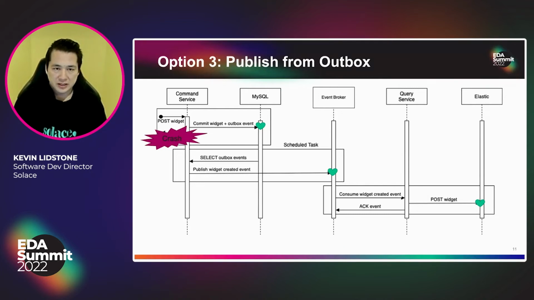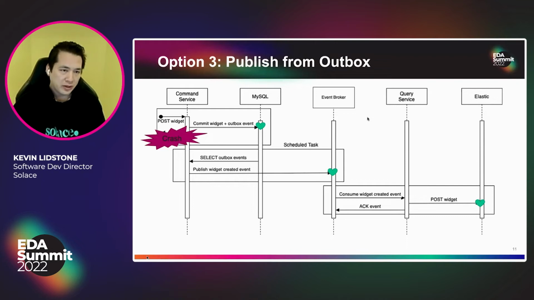And of course, the Elasticsearch half of the querying service does the same thing. It can consume the event and store it in Elasticsearch. And you can see if we were to crash right after committing the event to the database, we would be okay, because when we restart the command service, that scheduled task is still going to run on a polled interval and find the Outbox event and still publish it to the event broker.